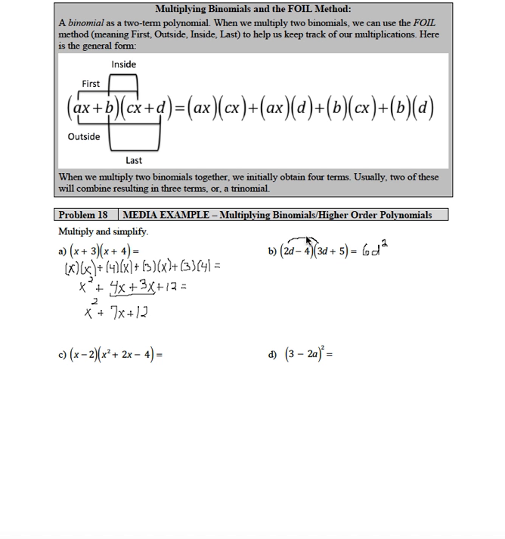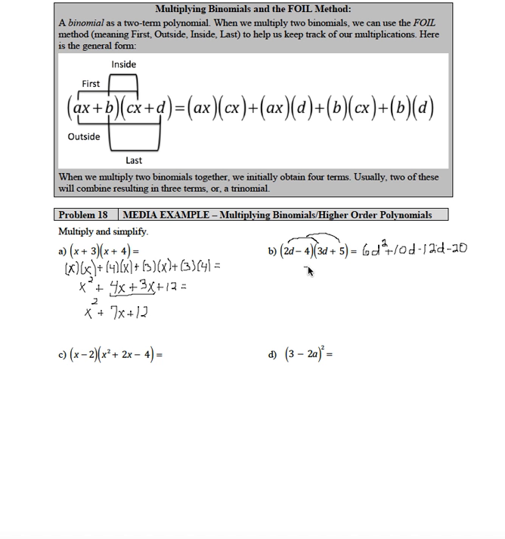Then 2d times 5 is plus 10d. Then negative 4 times 3d is minus 12d. Then negative 4 times a positive 5 is negative 20.